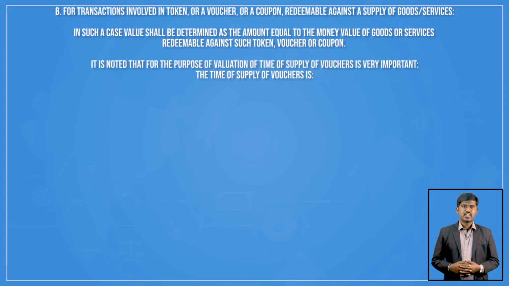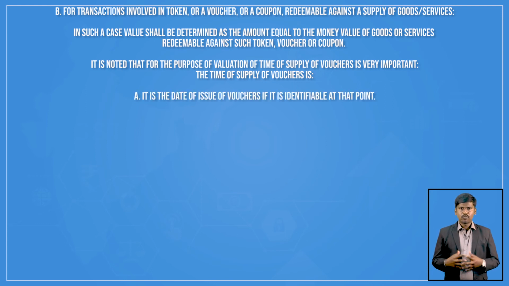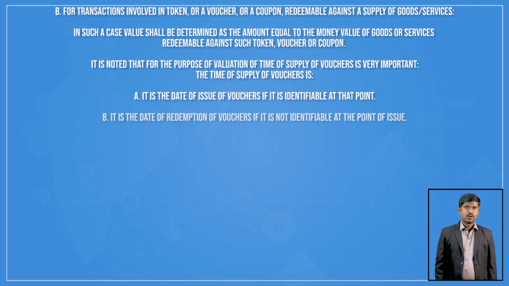It is noted that for the purpose of valuation, time of supply of vouchers is very important. The time of supply of vouchers is the date of issue of vouchers if it is identifiable at that point, or it is the date of redemption of vouchers if it is not identifiable at that point of issue.